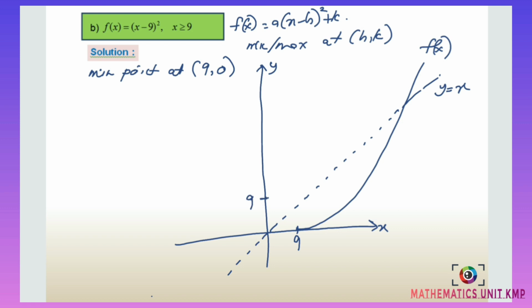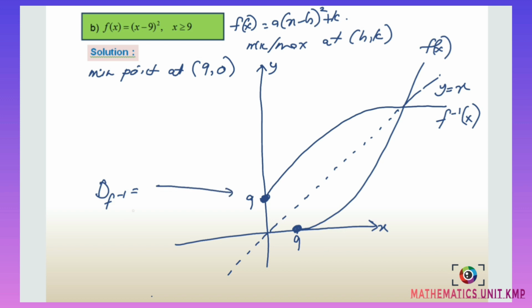And draw the graph of the inverse, f inverse x. Therefore, the domain of the inverse function is from 0 to infinity, and the range of the inverse is 9 to infinity.